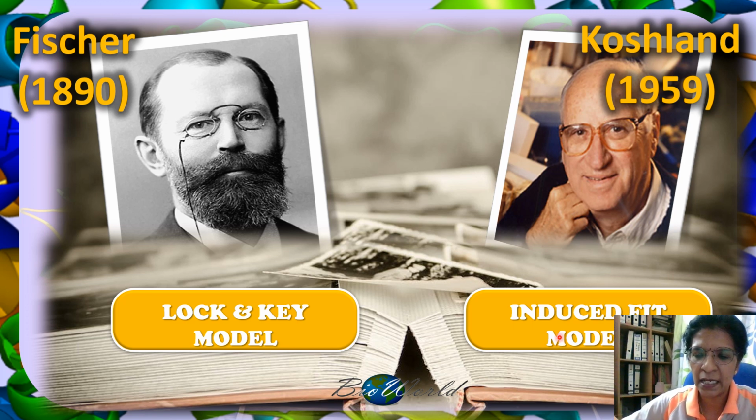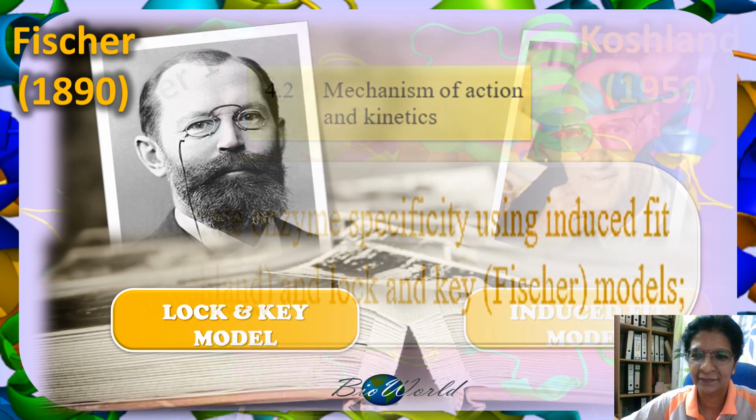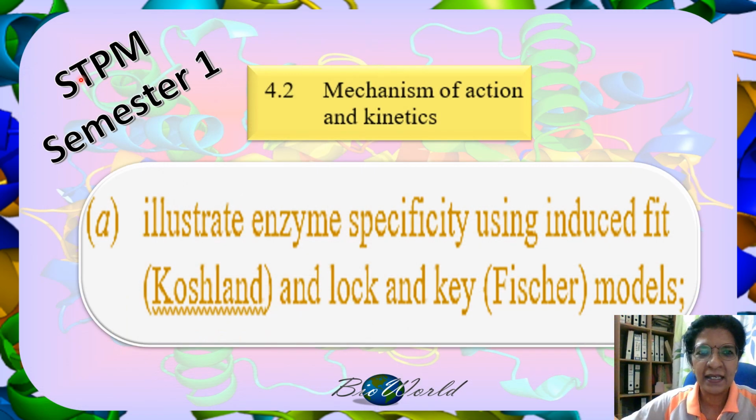Now, my discussion today is connected to our STPM Semester 1, Chapter 4 syllabus. In the STPM Semester 1 syllabus, under the subtopic 4.2, Mechanism of Action and Kinetics, Part A, you are to be able to illustrate enzyme specificity using the induced fit, that is Koshland's model, and the lock and key, that is Fisher's model.